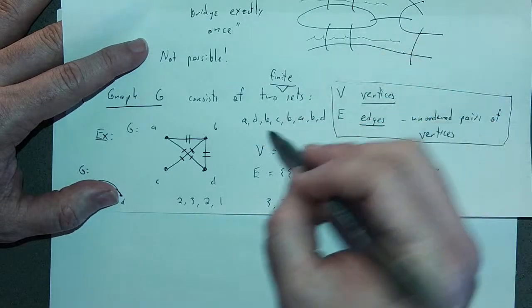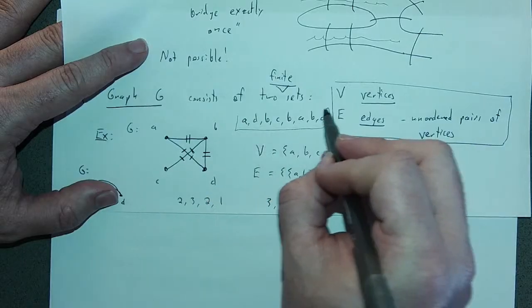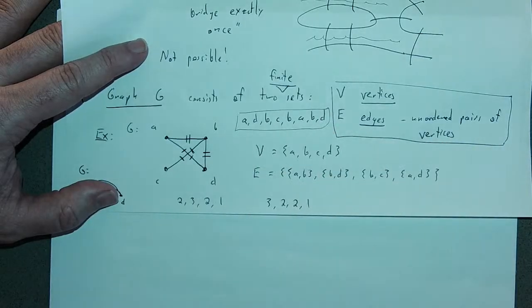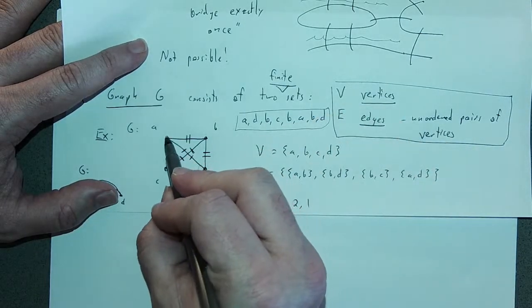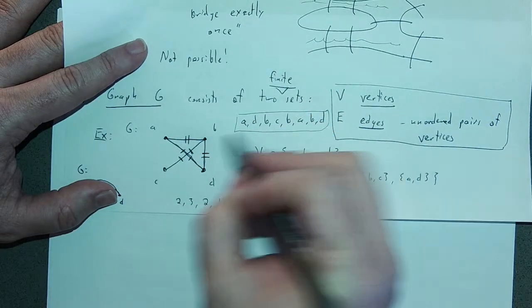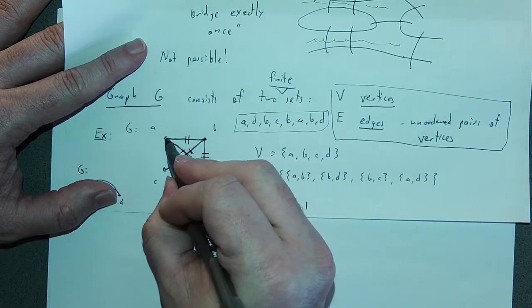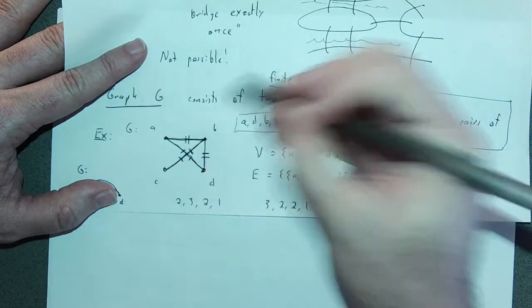But if you imagine me walking along the trajectory indicated by this, this is like A, D, B, C, B, A, B, D.